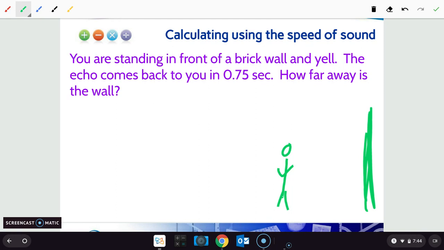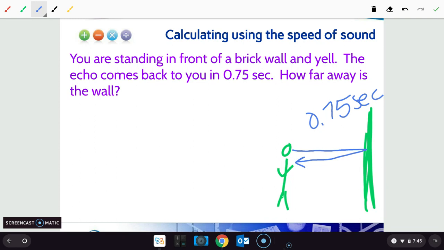Well, if you remember how an echo works, it's a reflection of the sound wave. So the wave will leave your mouth, bounce off the wall, and come back. And that whole process will take 0.75 seconds.